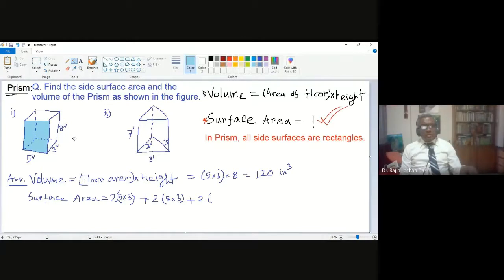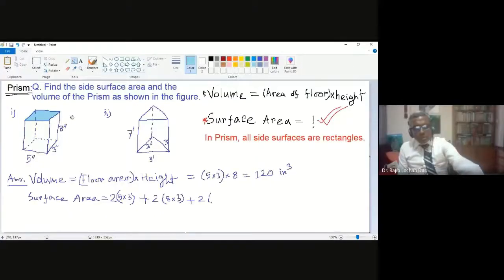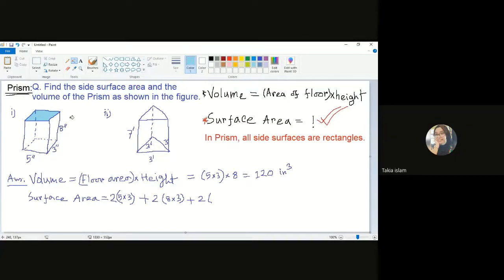Is it? It is wrong. Floor and top. Roof is this. This is floor. Clear or not clear? Clear, sir.